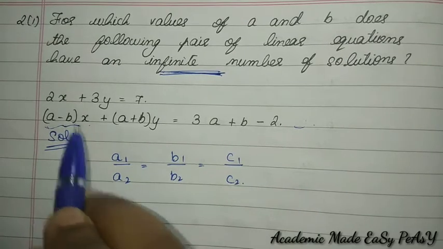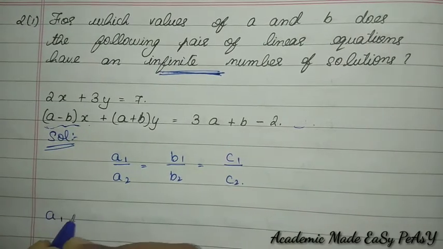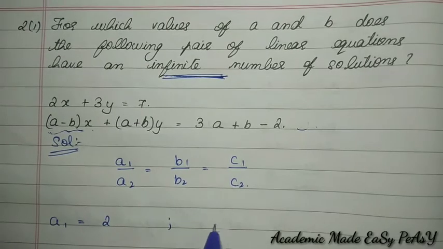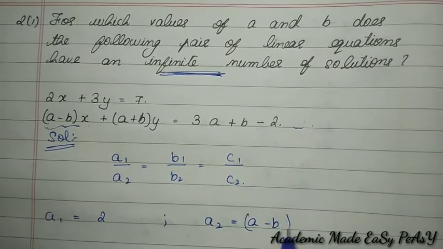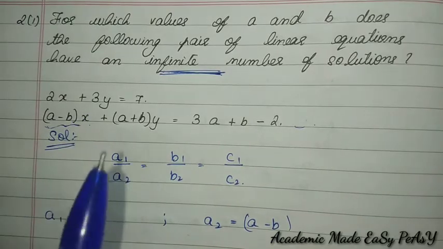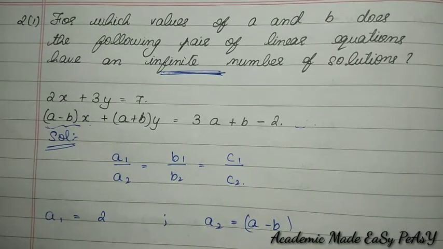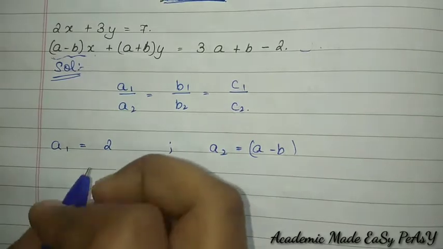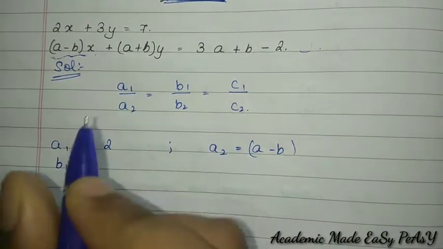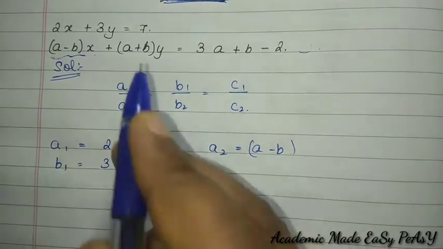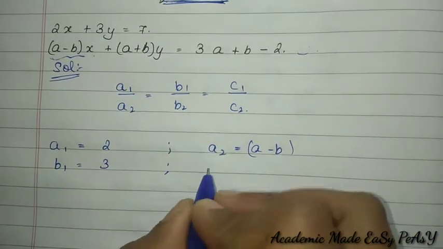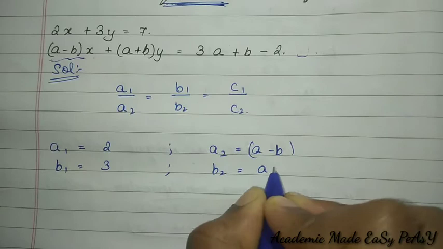So now let me write a1 is equal to 2 and a2 is equal to a minus b. Yes, so this is before x, no, so I will take that as a2. Next, if I move on to b1, so my b1 over here, it is 3. So now here my b2 is equal to a plus b.